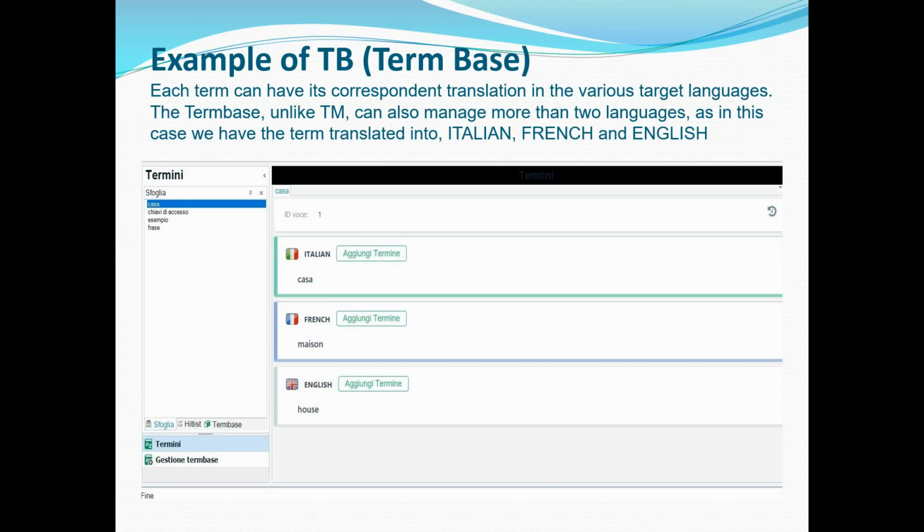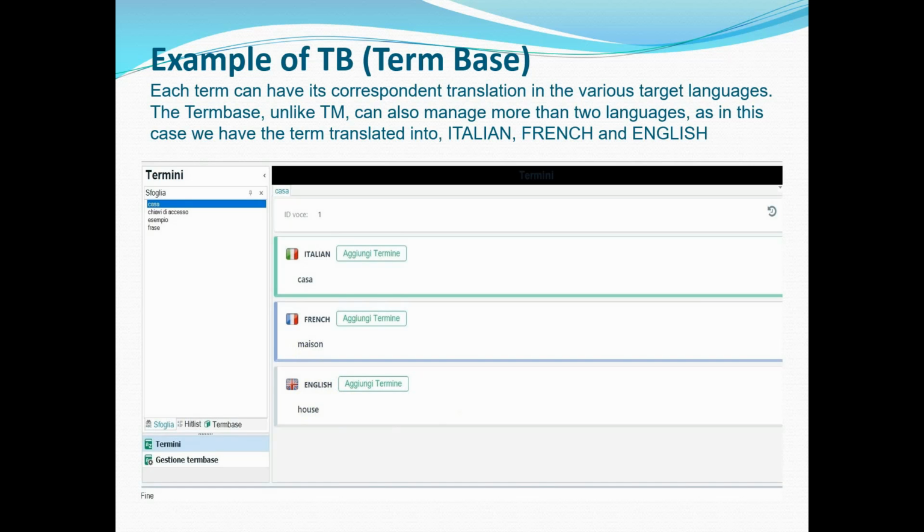So in this case, we have Italian, French, and English. If we connect this term base to a project that is going from English into Italian, this term base will be set up in this way, considering English as the source language and Italian as the target language, ignoring the French language because that language is not present in my project.